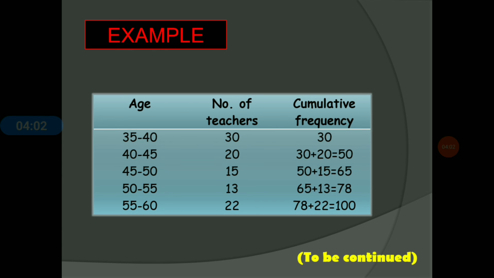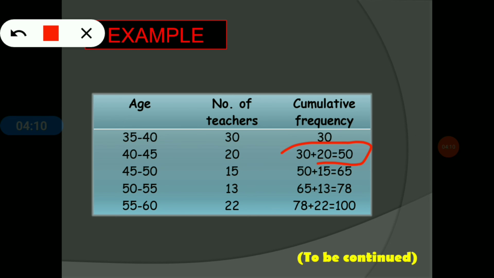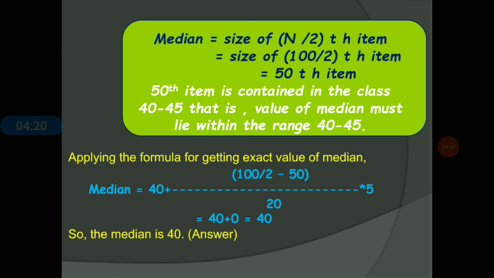So the item 50 is contained in this class. Okay. Clear? The cumulative frequency up to this class is equal to 50. So that's why we can write here 50, which is divided by 20.